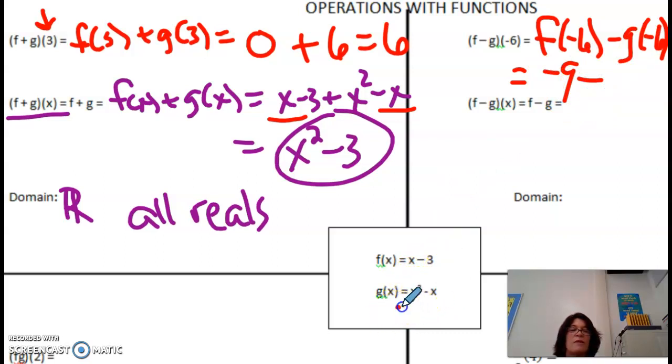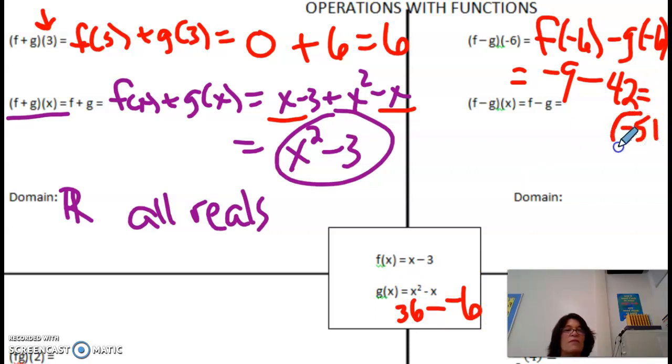Negative 6 squared is positive 36, minus the x value of negative 6. So g of negative 6, I'm subtracting that negative, I get 42. Okay, so I'm taking f of negative 6, which is negative 9, minus g of negative 6, which is 42. Negative 9 minus 42 is negative 51.